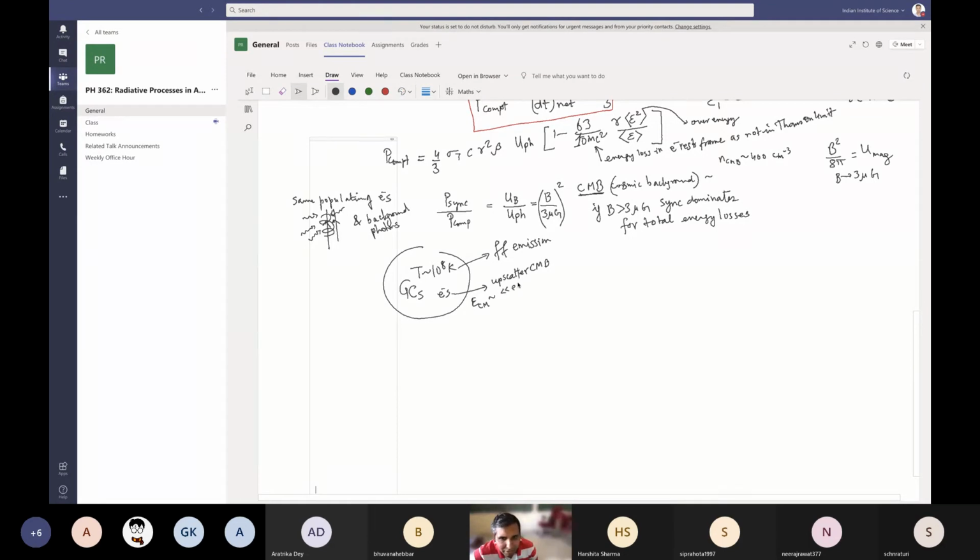It's actually much less than an eV, whereas the temperature is like 10 keV, right? So the CMB photon energy is much less than the electron's energy.